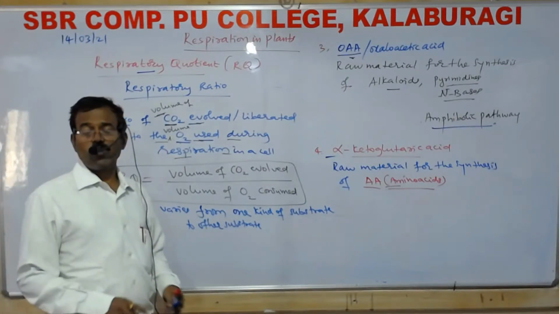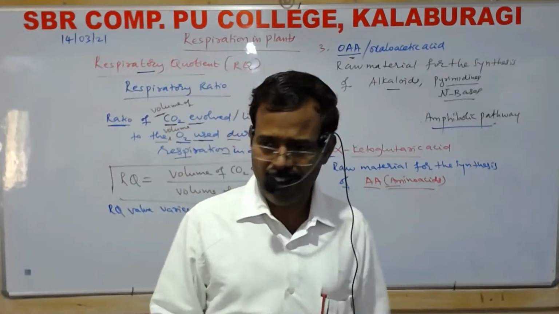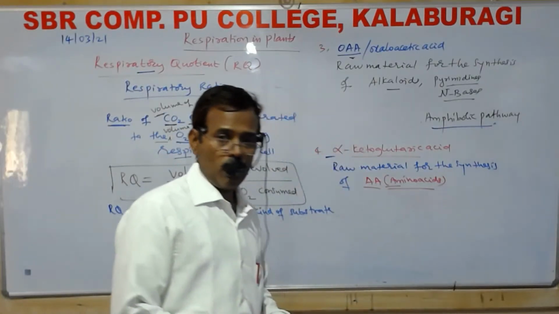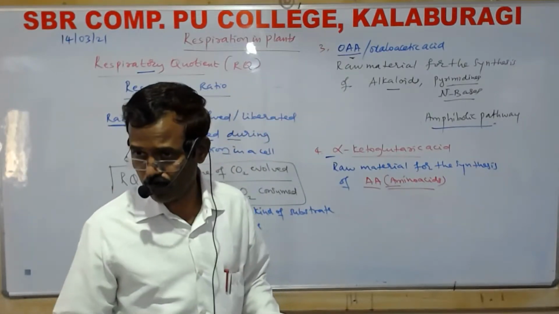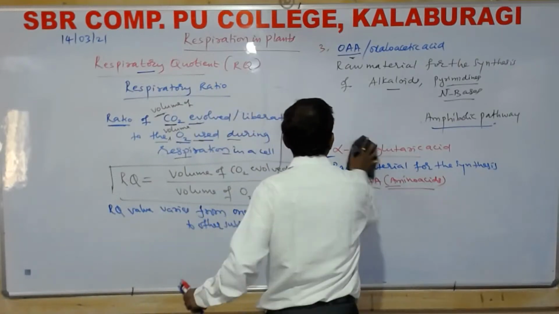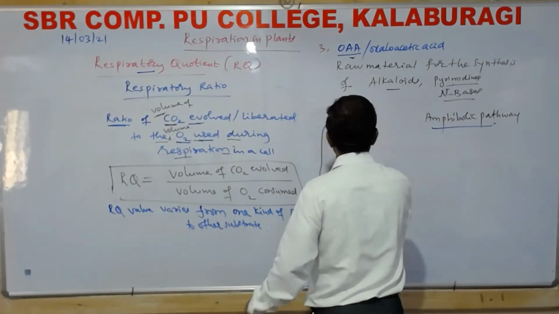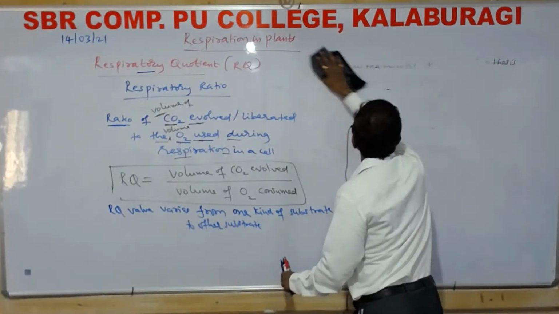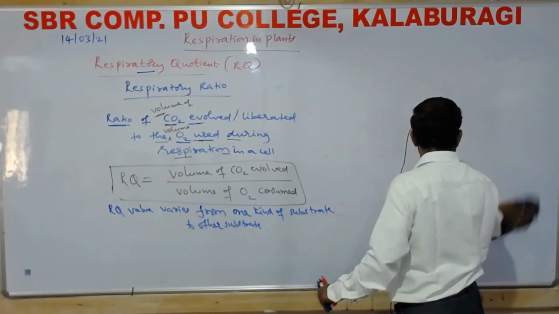It means it varies. RQ value of carbohydrates is different, protein is different, fats is different, organic acid is different. RQ value in aerobic respiration is different. RQ value in anaerobic respiration is different. So different RQ values we have to remember here.